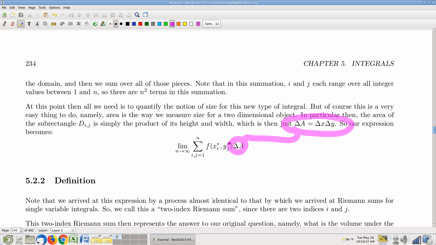Now, just a reminder, this is a different kind of summation than what we've seen previously. In our previous summations, i goes from 1 to n. You have an interval, you chop it up into n pieces, and you add up as i goes from 1 to n.